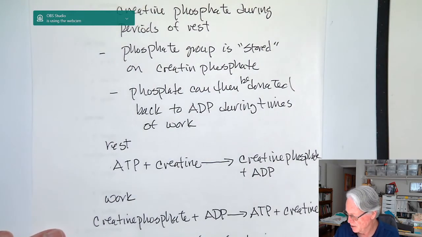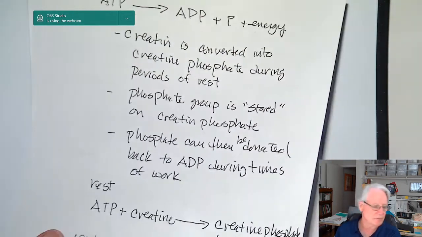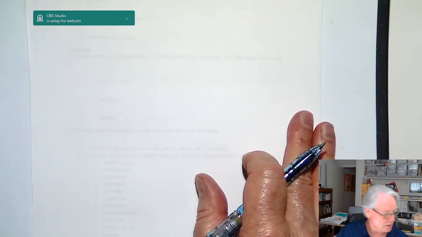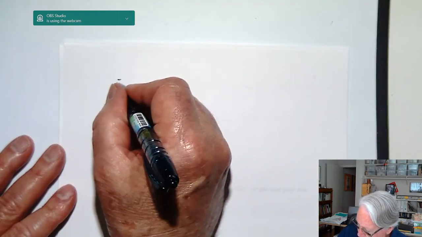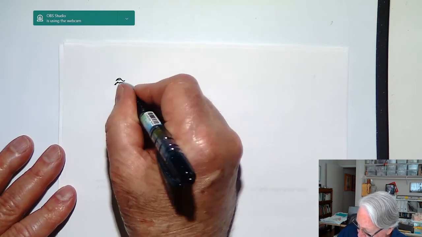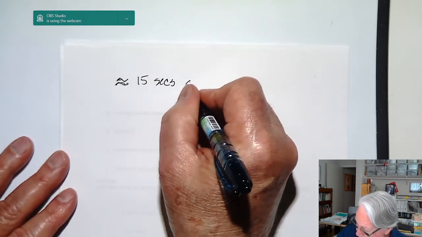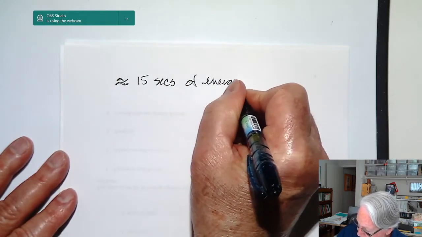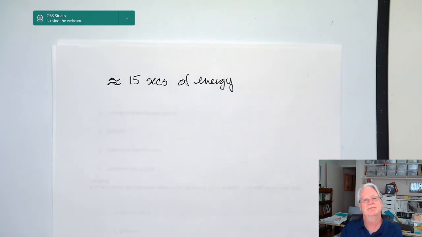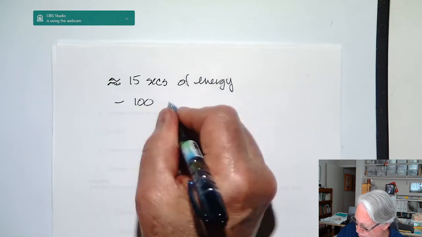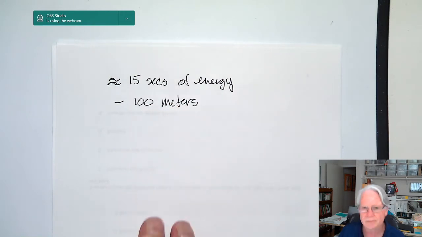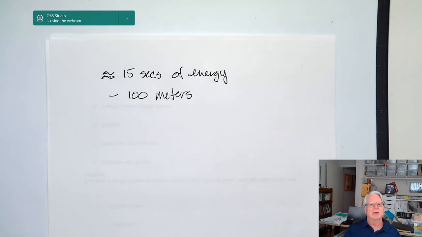So, if we take that and do some simple calculations, what you'll see is that we're going to have about 15 seconds, approximately, 2 squiggly lines, 15 seconds of energy is represented by this system. 15 seconds of energy, that can get you 100 meters, if you're running fast.